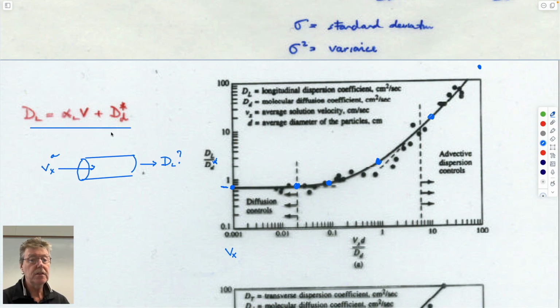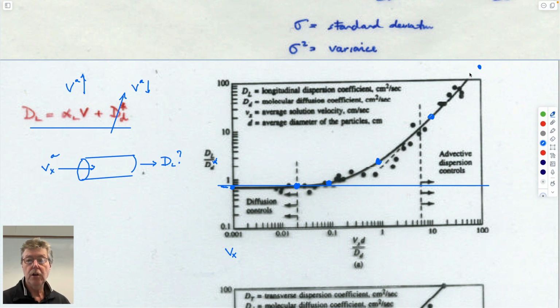So when the velocities are essentially very small, then you're on this limb and it's constant. But when the velocities start to get larger, then this dispersion coefficient grows proportional to the velocity as it increases.